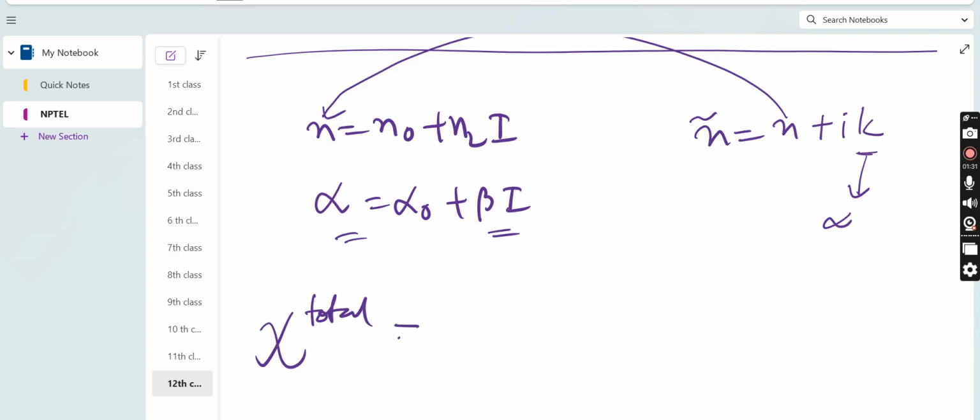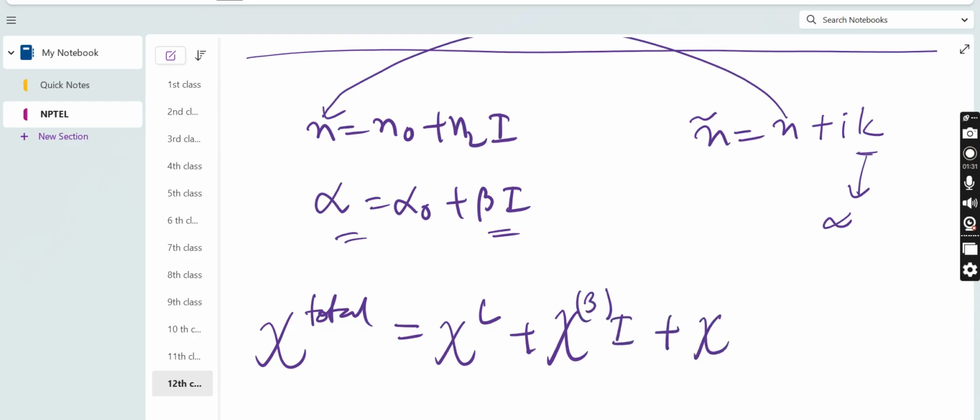So chi total for centrosymmetric is chi linear plus chi third order into I plus chi fifth order into I squared, then that would be n2 I square. That would be gamma I square.